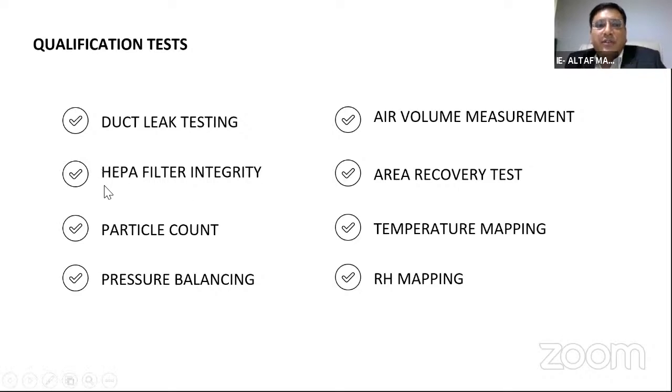Generally we design all HEPA filters around 90 fpm to 100 fpm, to maintain laminarity and to get the desired results of the defined classes. Once that is done, we do the particle count test of the area as per its classification.